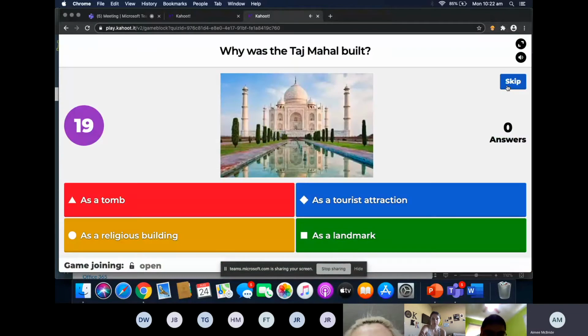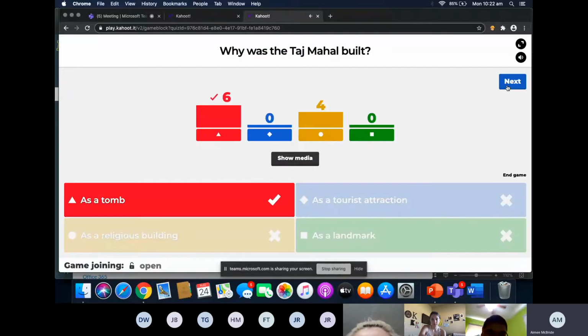This one's a trickier one. Oh, you guys did better than the first one. Good job. Yeah, so the Taj Mahal was built by a sultan for his favorite wife when she died.